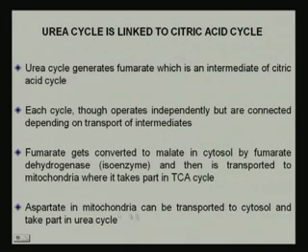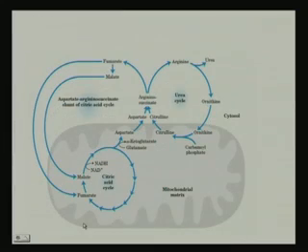Aspartate in mitochondria can be transported to cytosol and it takes part in the urea cycle. Now, to sum up what I have told: carbamoyl phosphate in the presence of ornithine is producing citrulline. See, this is the cell, this is the mitochondria and this is the cytoplasmic fluid.